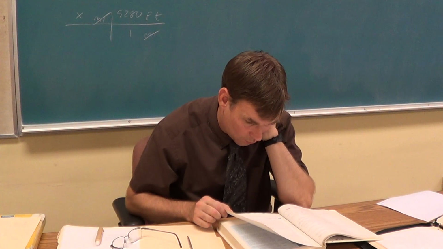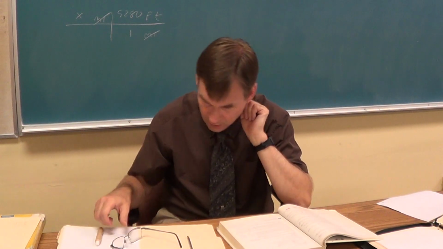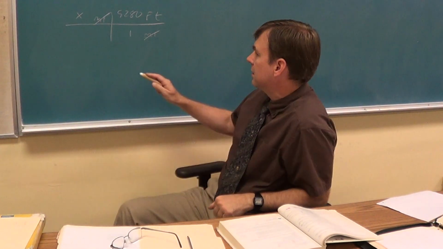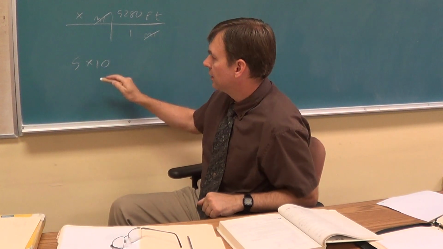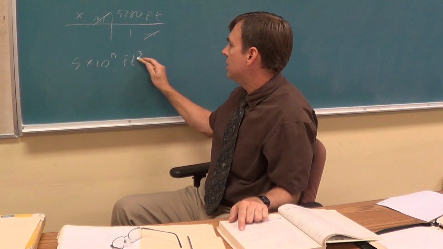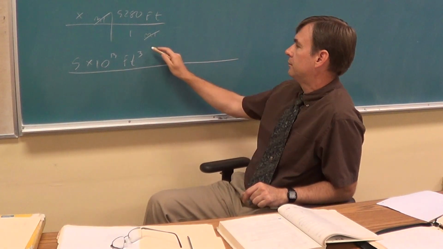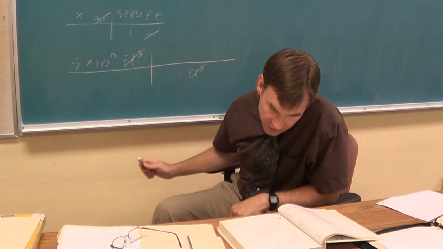So we're trying to backtrack to the point where we had 5-ish, where we multiplied all the numbers. We had 5-ish times 10 to the 13 feet cubed, and we can get rid of feet cubed.